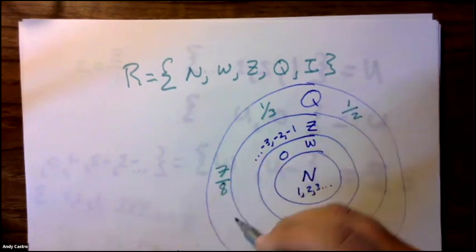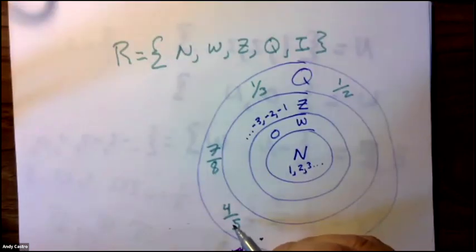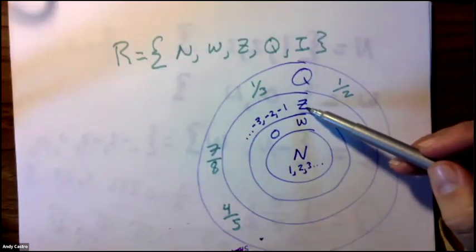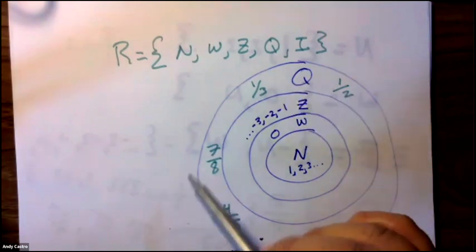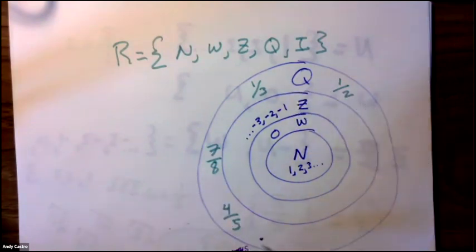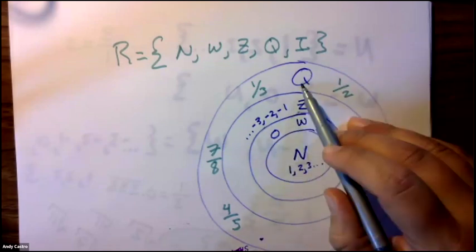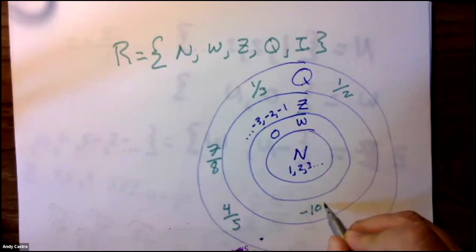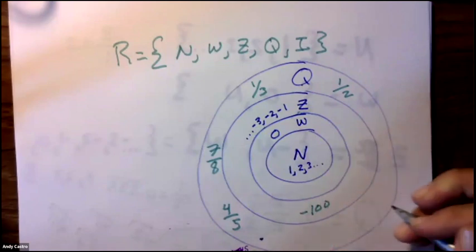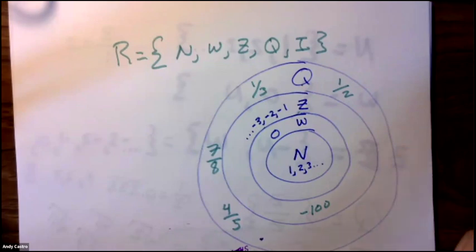So 7/8, 4/5. They're not integers, they're not whole, and they're not natural, but they are rational. So they're within the rational realm. And every single integer is also rational because no matter what number, let's say I have -100, I can represent that also as a rational number, -100/1.